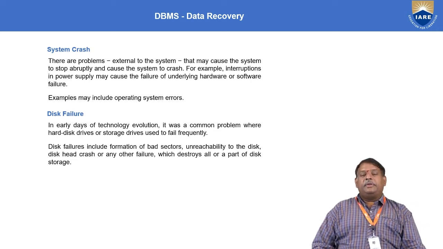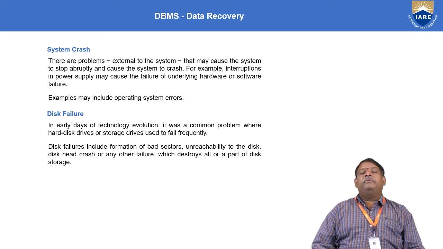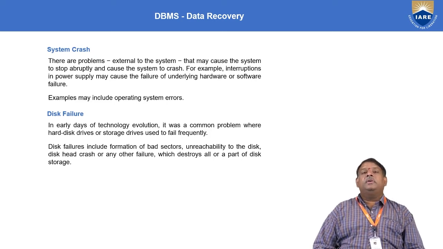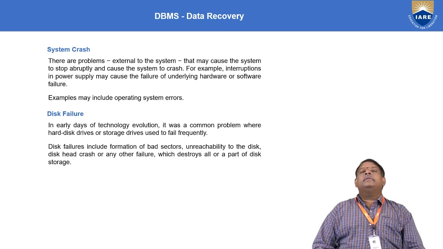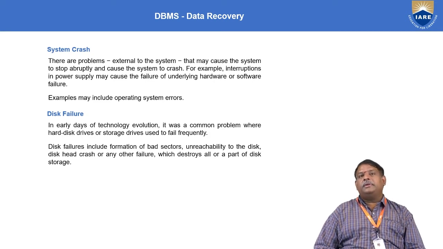Then there is disk failure. In the early days of technological evolution, it was a common problem where hard disk drives or storage frequently failed. The disk failures include the formation of bad sectors, unreachability of the disk, disk head crash, or any other failure which destroys all or a part of disk storage.